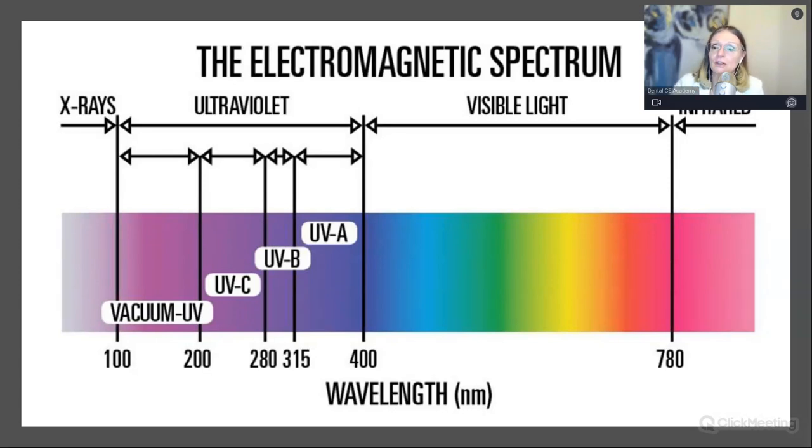So when you look up here at this red light spectrum, from about 600 nanometers up to 930, sometimes 1030, those are the wavelengths that are used in photobiomodulation.